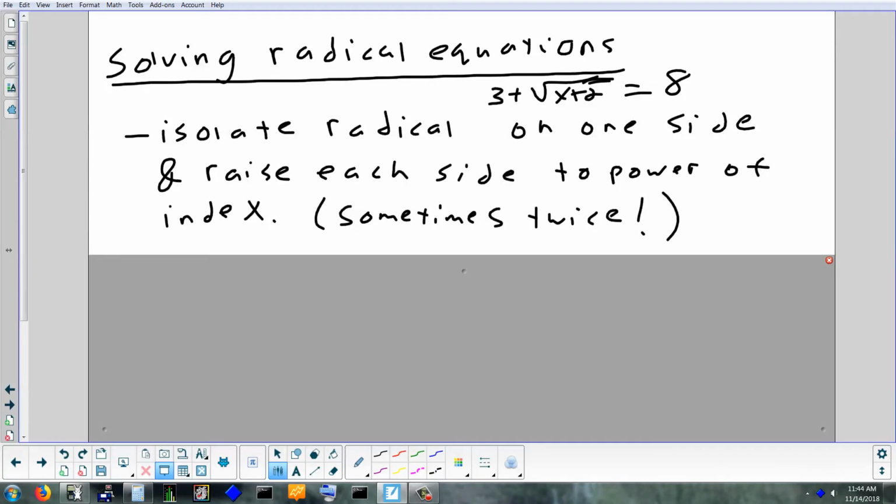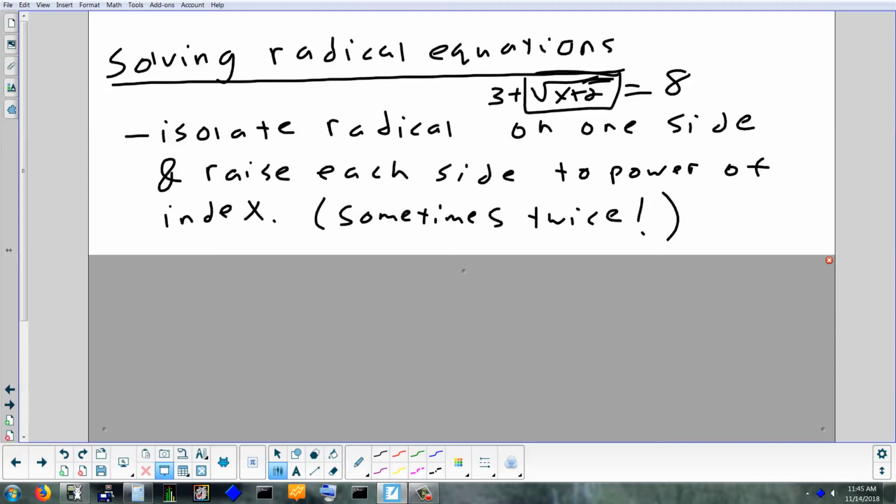You need to move that first. So in the problem up here, I would subtract 3 from both sides to start. Think of that radical as a box. You want to get everything outside of that box on the other side, unless they give you a problem where it already is set up that way, then you're good.